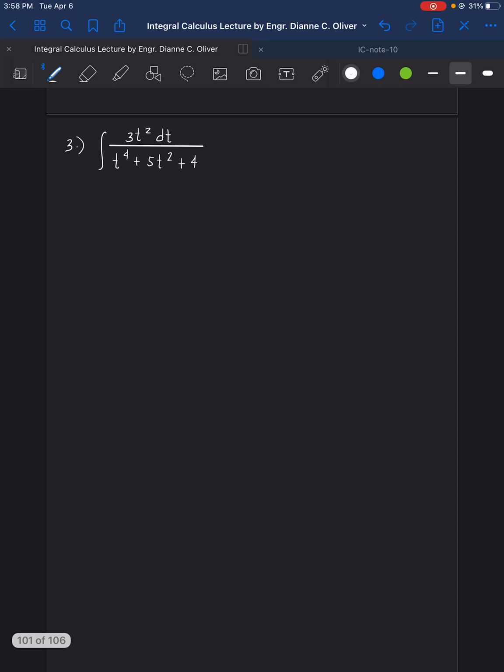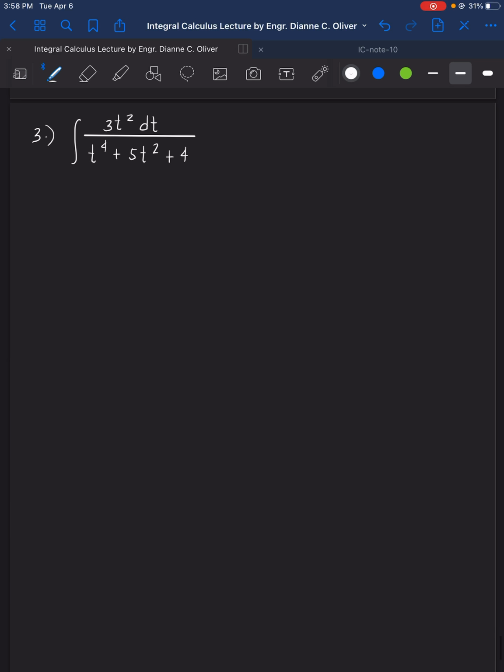Let's have number 3. Integral of 3t squared dt over t raised to 4 plus 5t squared plus 4. Now, let's get the factor of this denominator. So, we have here t raised to 4 plus 5t squared plus 4.